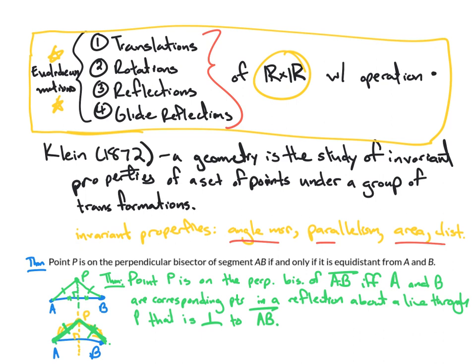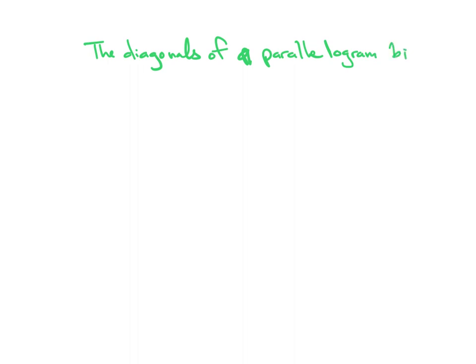Similarly, take the result that the diagonals of a parallelogram bisect each other. Okay. Again, really nice Euclidean idea. Here's a parallelogram.